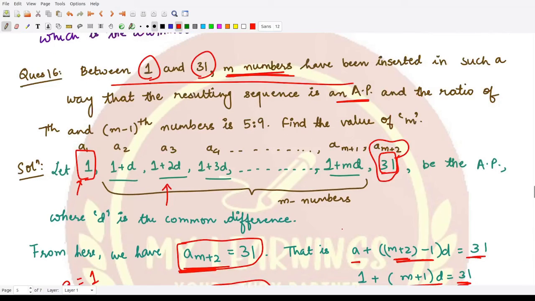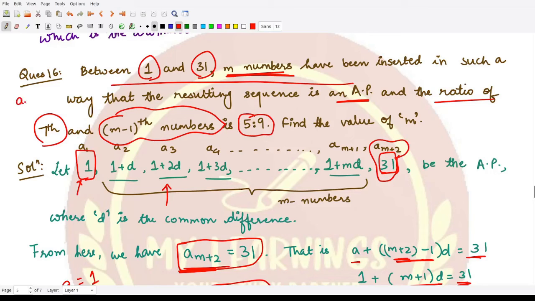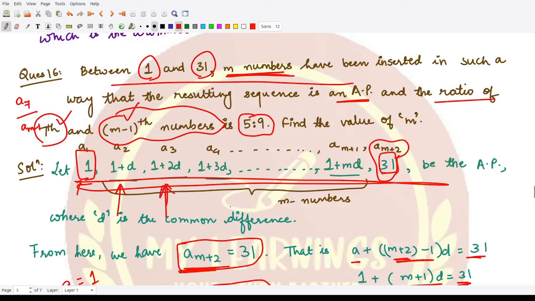Now one more condition is given to us in the question, that the ratio of the 7th and the (m minus 1)th number is 5:9. Notice that this is not a7 divided by a(m-1), because they are not our 7th and (m-1)th terms. According to the AP we have defined, this is our first number, this is the second number, this is the third number, this is the mth number which we have inserted in between.